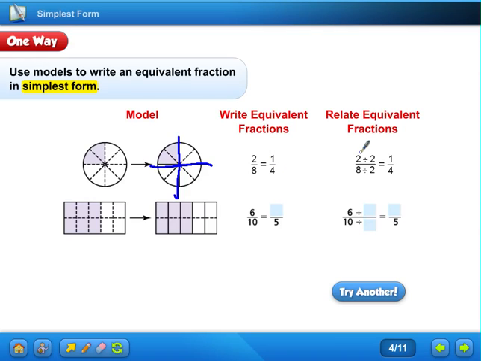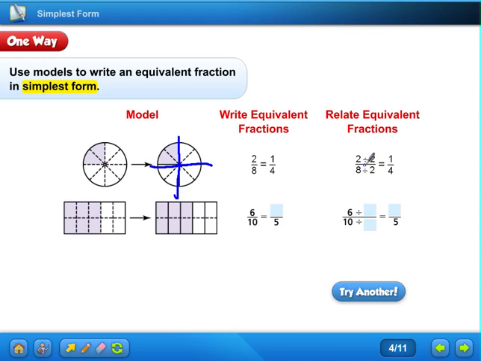Remember, when we were doing the last lesson, we were multiplying, and whatever you did to the top, you had to do to the bottom, or whatever you do to the bottom, you have to do to the top. Well, we're doing the same thing here, except you're trying to make your fraction in simplest form, so you're dividing here.